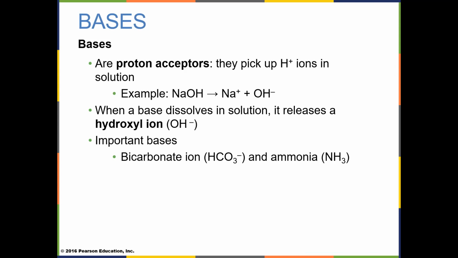And when we dissolve a base into water, we will also have lots of hydroxyl ions. The bases that our bodies deal with are bicarbonate, that's in sodium bicarbonate, baking soda solution essentially, and ammonia. The breakdown of proteins always releases ammonia.